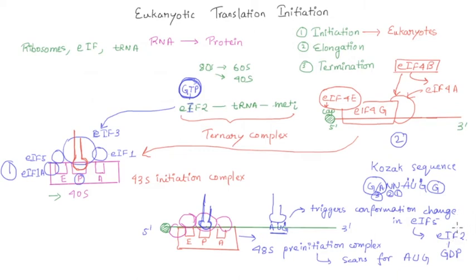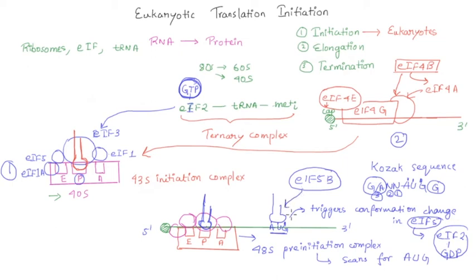The loss of EIF2 allows the binding of a second GTP-regulated initiator tRNA binding protein, which is called EIF5B. So now the EIF5 is not there, EIF2 is not there, and another protein that comes in and binds to the complex is EIF5B.